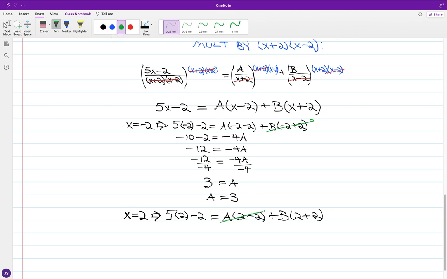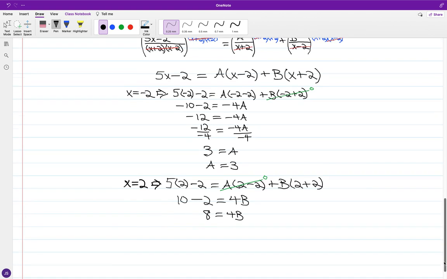So a is going to go out, and working with what we have now, 5 times 2 is positive 10, minus 2. For b, we have 2 plus 2 is 4, so the right hand term is 4b. We have 10 minus 2 is 8, and so 8 is equal to 4b.